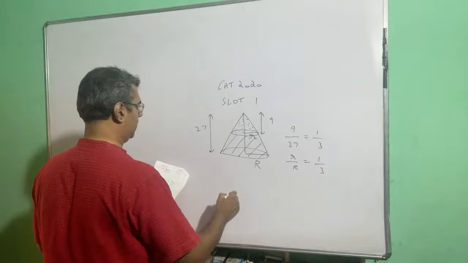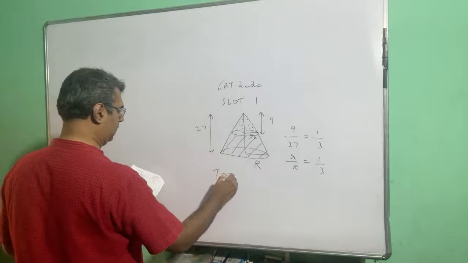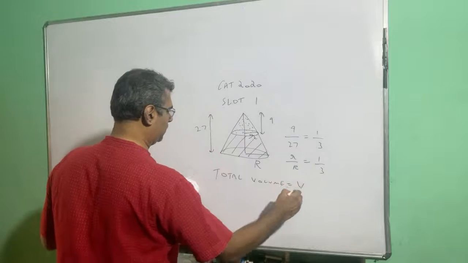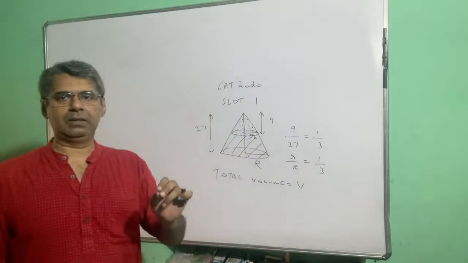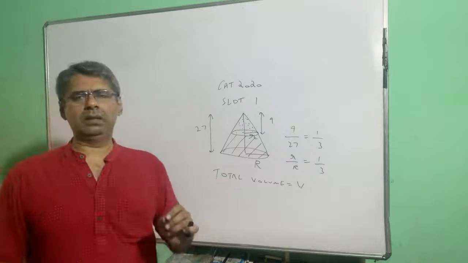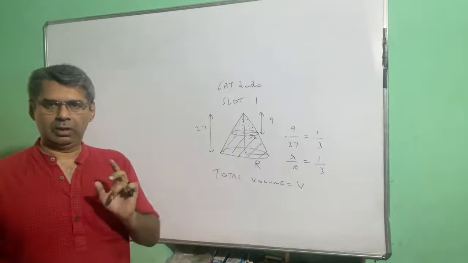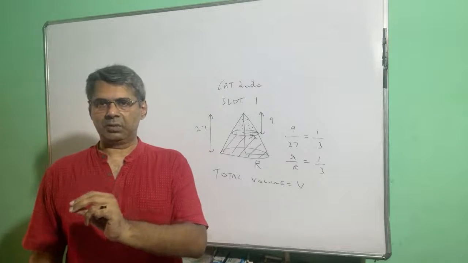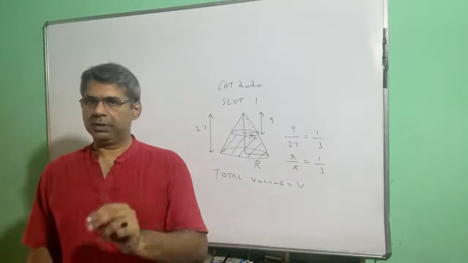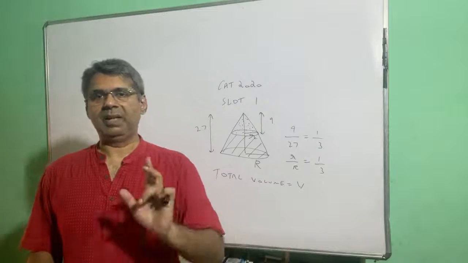Now suppose the total volume is V. You know that the volume of a cone is 1/3 pi r square h. The ratio of smaller to bigger radius is 1/3, so the ratio of smaller square to bigger square will be 1/9.